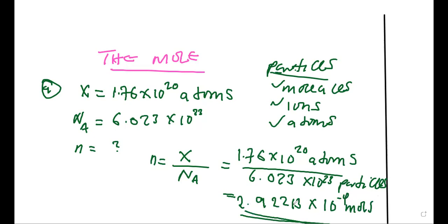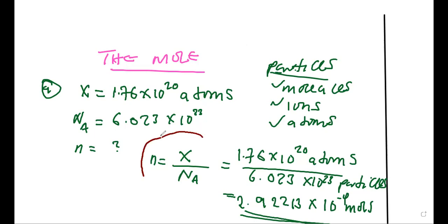So what you needed to remember here is that since we have been given atoms, the X value in that formula we looked at is 1.76 times 10 to the power 20. Then since we have the number of particles, the formula we need to use is the number of moles is equal to the number of particles over the Avogadro's constant.